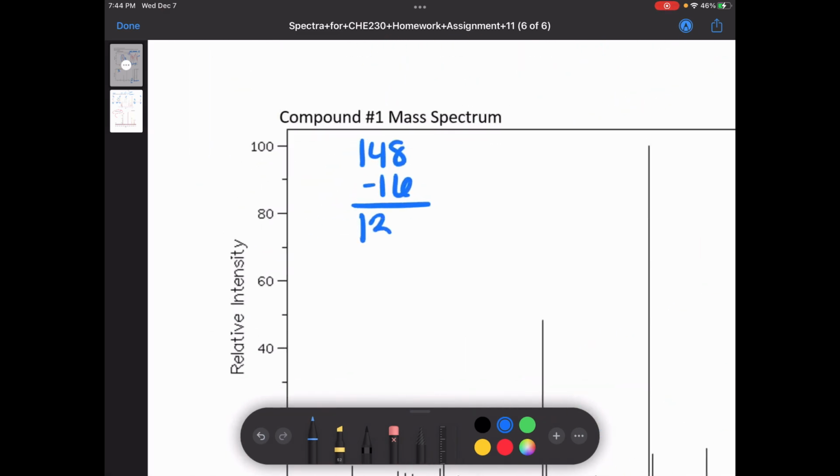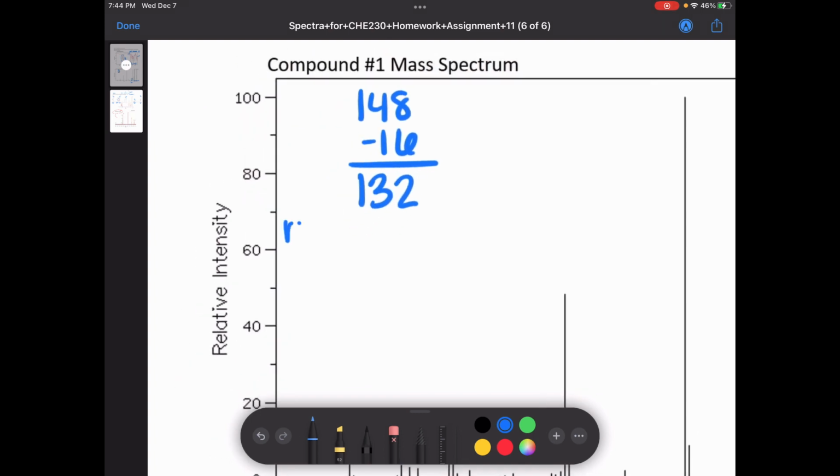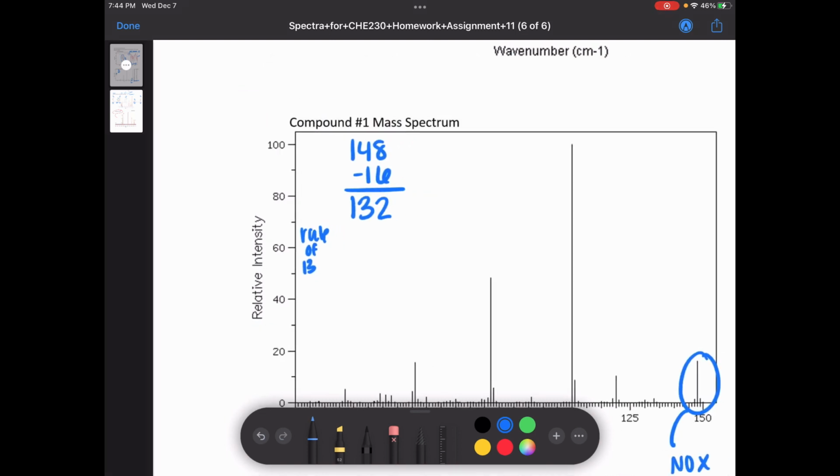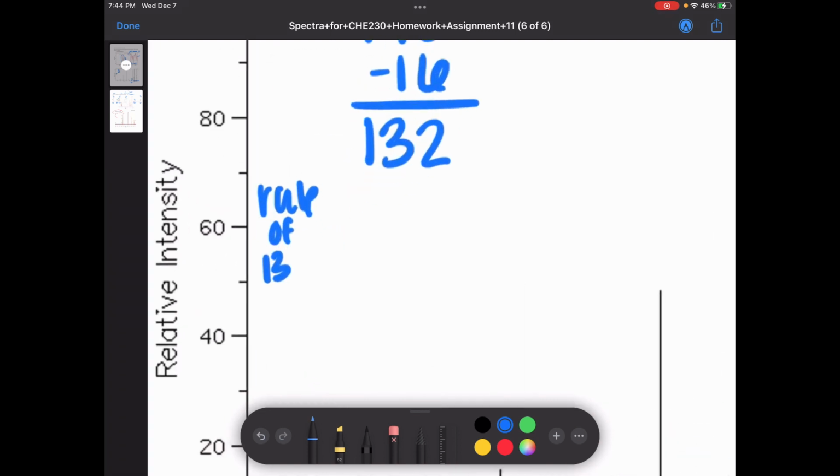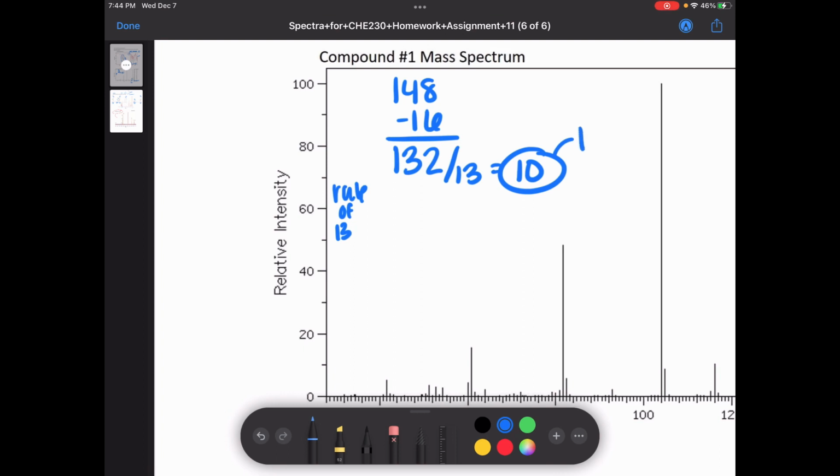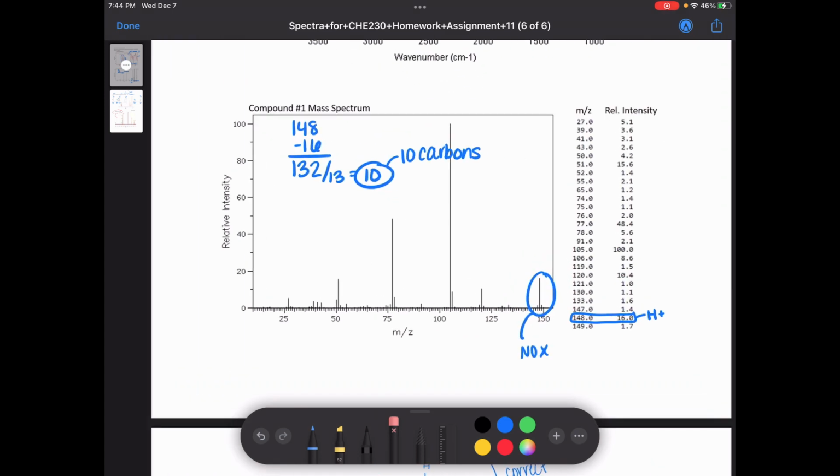So that's going to leave us with 132. We're going to use the rule of 13 for carbons, because we're going to identify how many carbons we have. So let's divide this by 13, and that gives us 10. So it seems like we're going to have 10 carbons, right? So that's what we can determine from this right now.